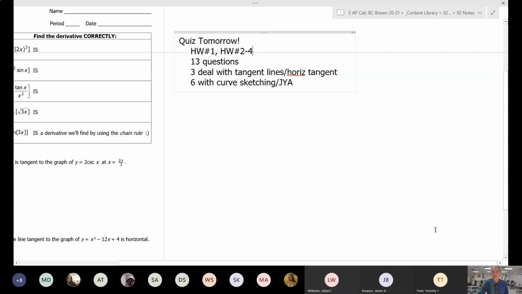Any questions you might have in general about your quiz before I do the review that I want to do? Will we actually have to graph the derivative version of f, or the other way around, or is it just justifying answers? You will actually have to graph it, yes. And it's just 2 of them. One will be from f to f prime, and the other one will be from, I call it g prime to g.